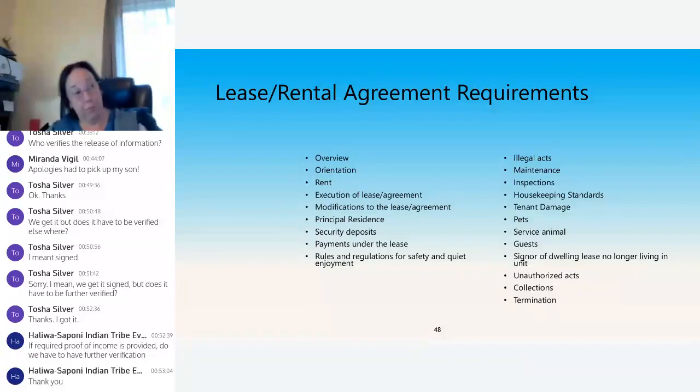And you have to provide that for them also. Illegal acts, the maintenance of that unit, the inspections of the unit, housekeeping standards, tenant damage, pets, service animals, guests, signer of your dwelling lease no longer living in the unit, unauthorized acts, collections, termination, all of that needs to be in those agreements.